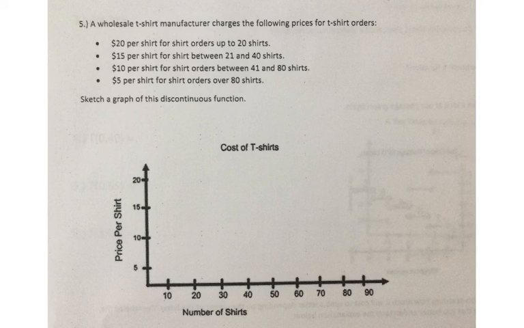Anyways, that would be the graph. Back to the graph. How many shirts did I order? 40. I ordered 40 shirts. How much money did I pay per shirt for 40 shirts?